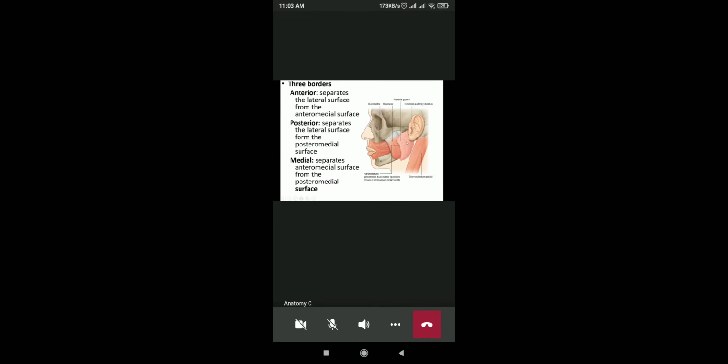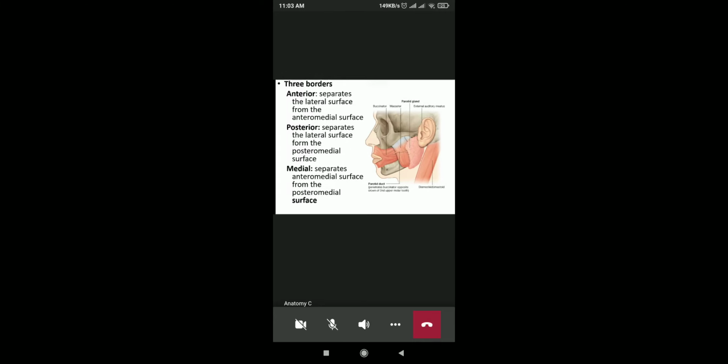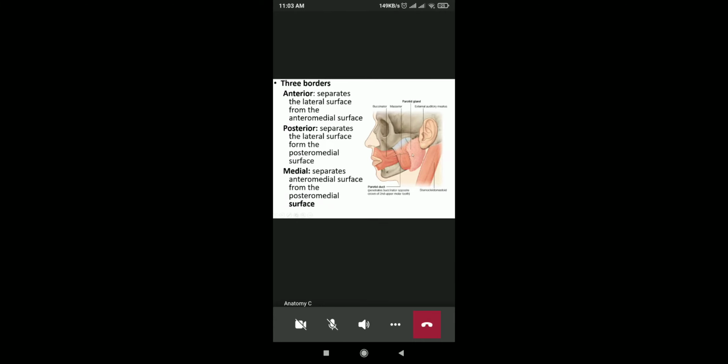So the anterior border separates the lateral surface from the anteromedial surface. So here we can appreciate the lateral surface and the anteromedial here. So this is the anterior border. The posterior border separates the lateral surface from the posteromedial surface, and the medial border separates the anteromedial from the posteromedial surface.